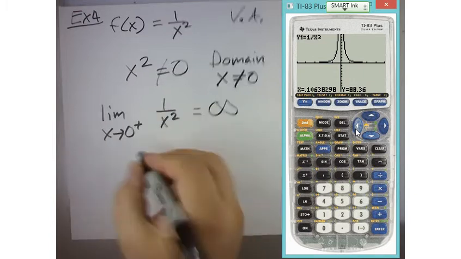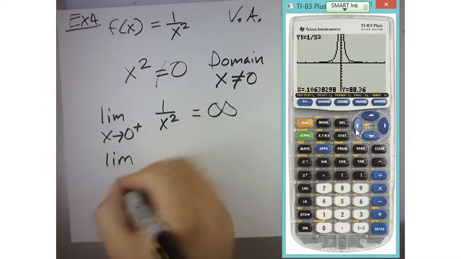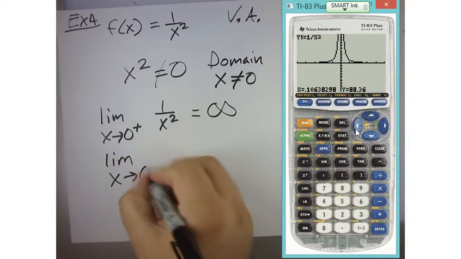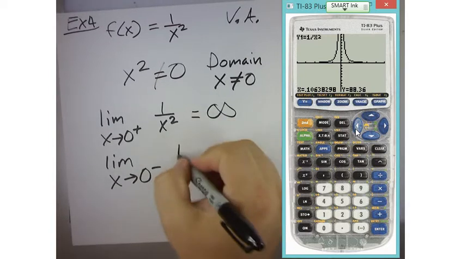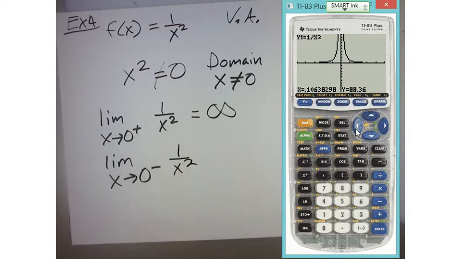Now if I look at this limit as x approaches 0 from the negative direction, in other words, I'm going to go from left to right. So let me get on the other side of this thing. Look at my y values as I come into 0 from this side. What does it look like it's approaching?